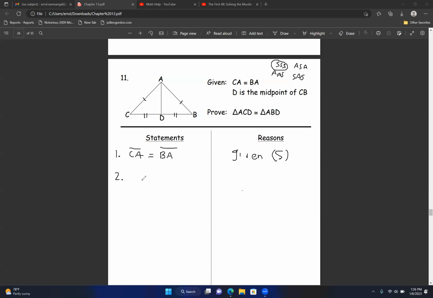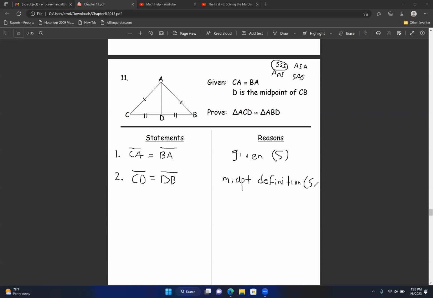CD equals DB. What's the reason? Just say midpoint definition. Okay, midpoint definition. That's your second side.